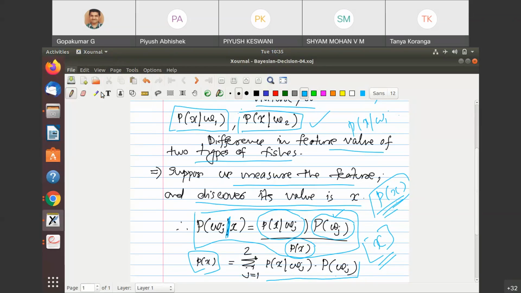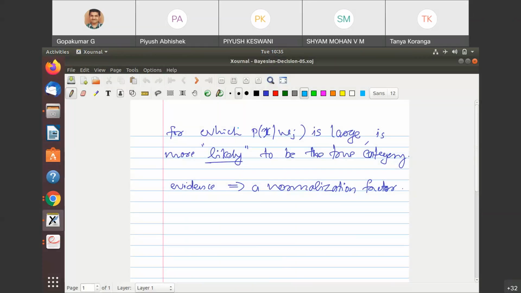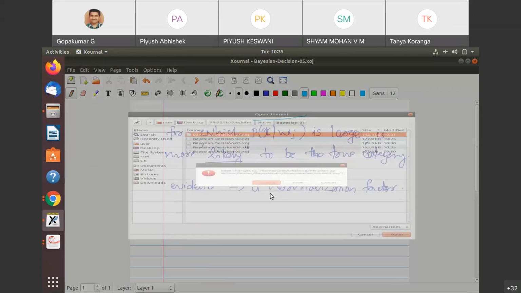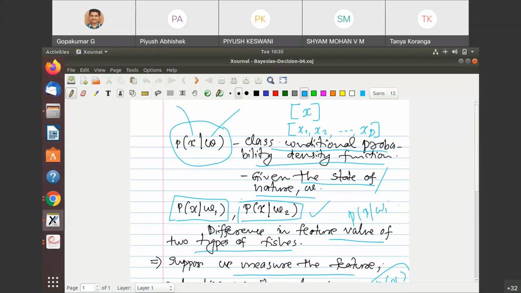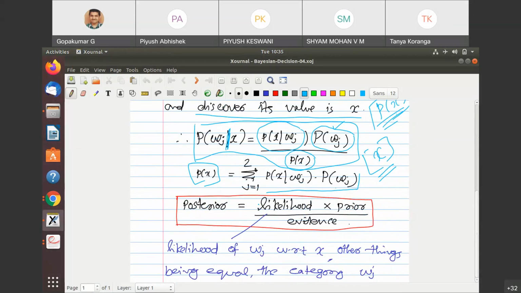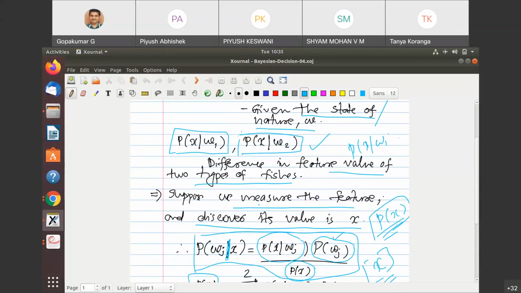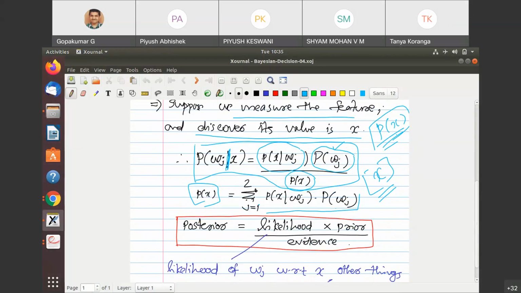But before that, the idea behind the Bayesian decision rule is that we keep that class for which x given wj is, sorry, before that, we have one more, a fourth one. Okay, so this was what we have discussed.